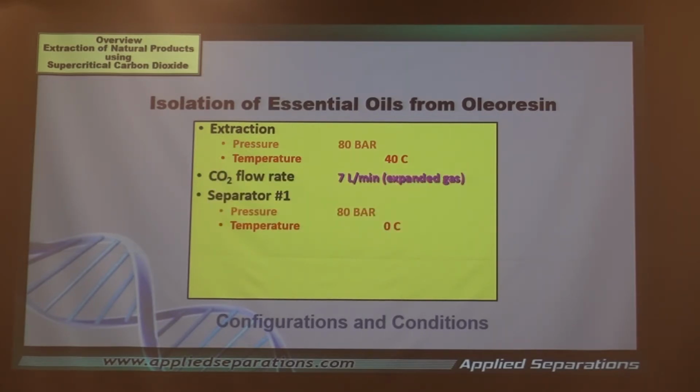Flow rate, look at this separator number 1, 80 bar, look at the temperature. 0 degrees C. That's not supercritical. We've now chilled that first separator and made that liquid CO2. And then we go ahead and vent that.